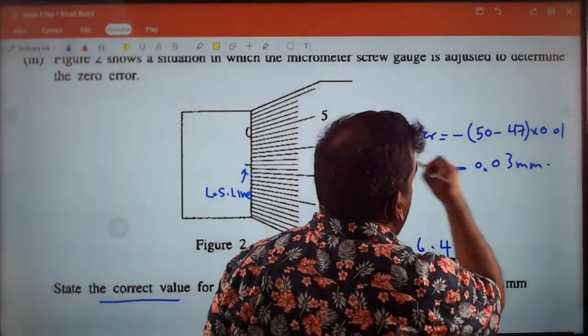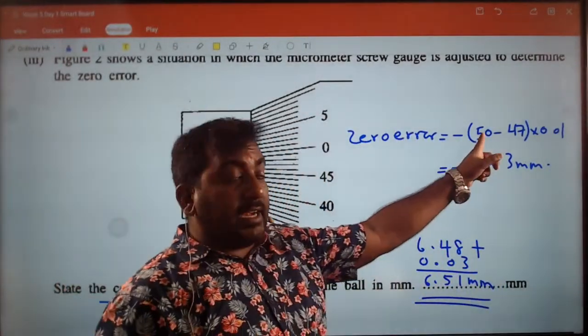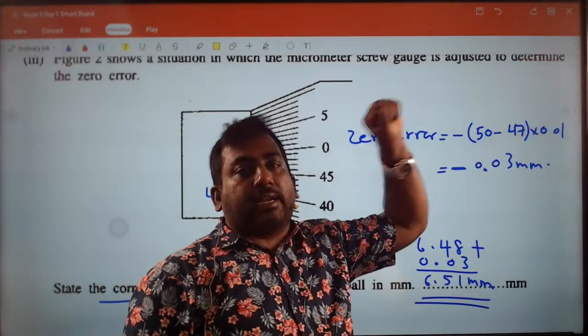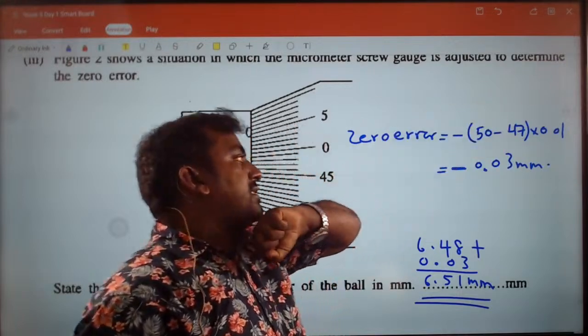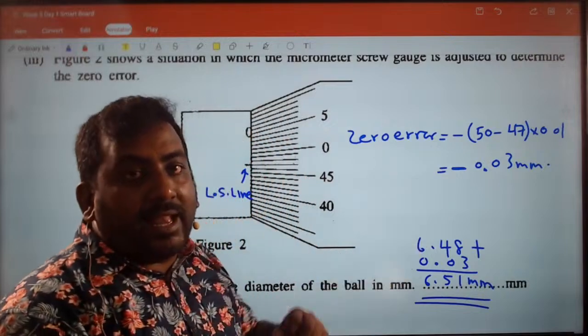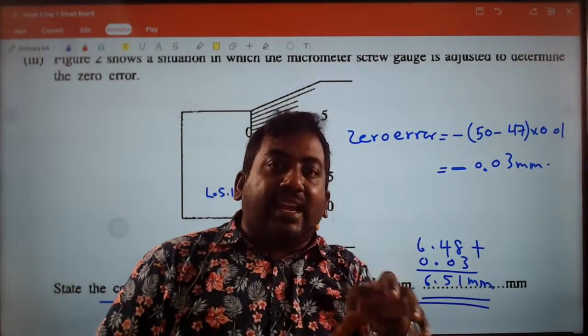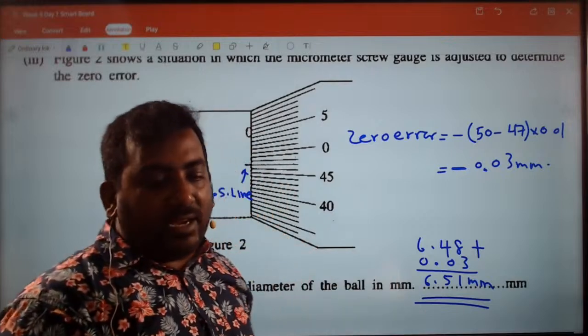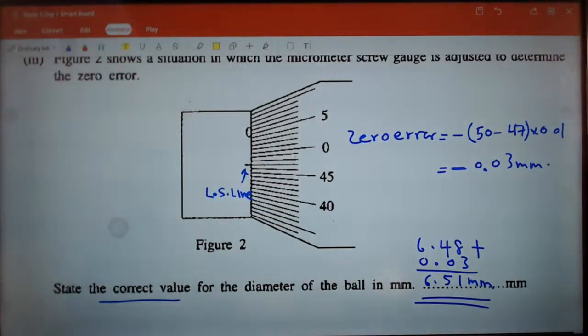There you go. That's how you find it. Total number of circular scale divisions minus the division coinciding, that you multiply by the least count, you can get the zero error. And negative zero errors, are you adding or subtracting? Adding. Because you are reading less than the actual value. Okay? Right. So 6.51 is the value.